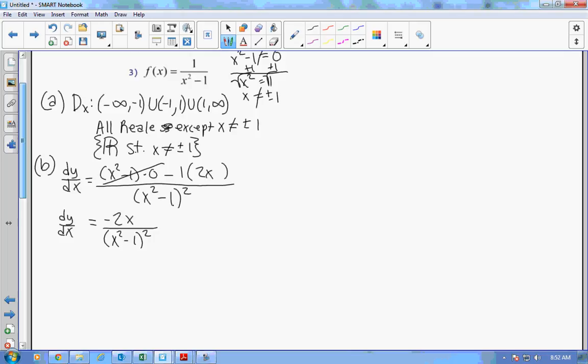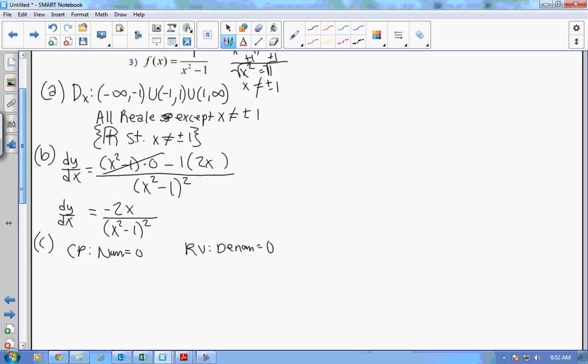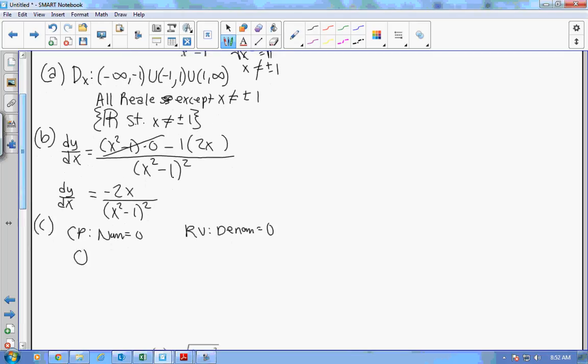Okay, critical points. Critical points is setting the function equal to 0, which is really just setting the numerator equal to 0. Because you can times out the denominator. Okay, so this is numerator equal to 0 versus the restricted value is denominator equal to 0. We set the numerator equal to 0. What critical point do we get? 0. Divide out negative 2.